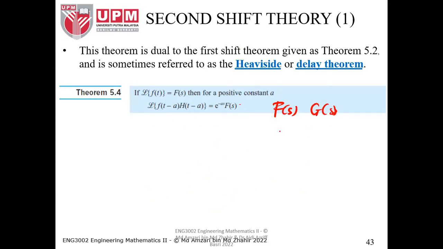Previously we went from f(t) to the function F(s). So now the main formula is Laplace of f(t − a) H(t − a) is equal to exponent negative as times F(s). This is the main formula that you need to remember how to use.